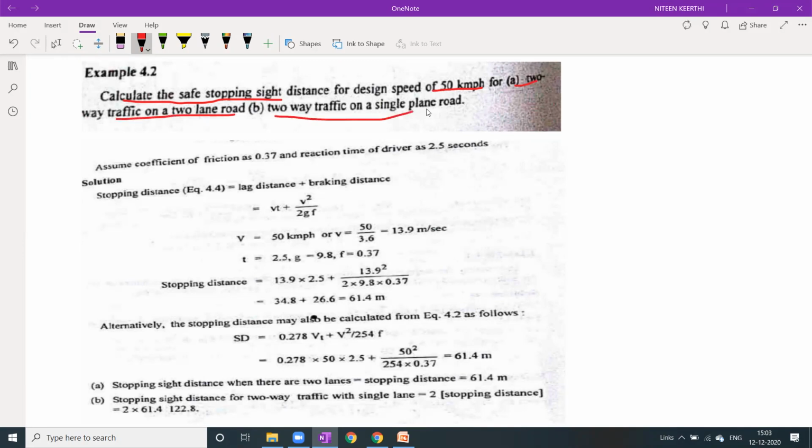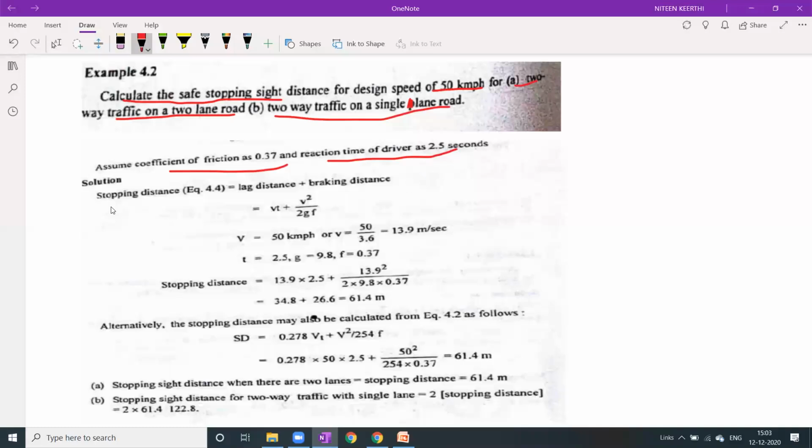Another is two-way traffic on a single lane road. He has also given the assumed coefficient of friction as 0.37 since it is 50 kmph, and the reaction time of the driver, small t, as 2.5 seconds.